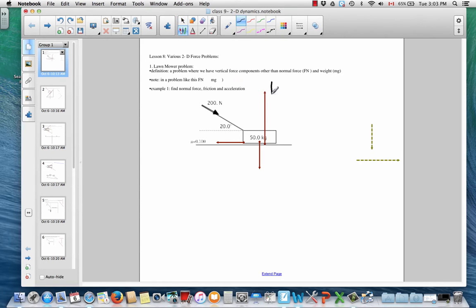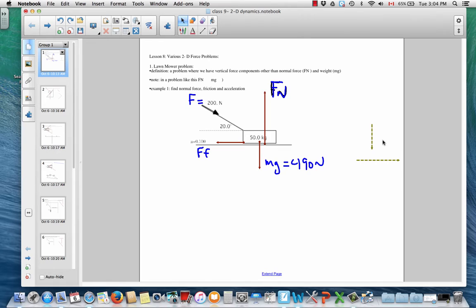This is the normal force from the ground pushing up. This is the weight, and the weight of 50 kilograms, 50 times 9.8, will be 490 newtons. This is friction. And this is just our applied force that we're applying along the handle.